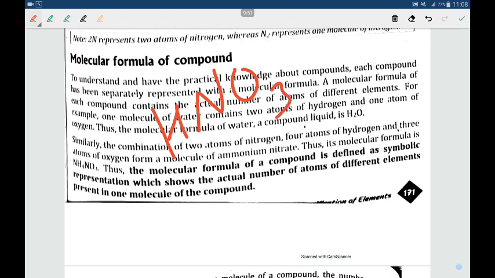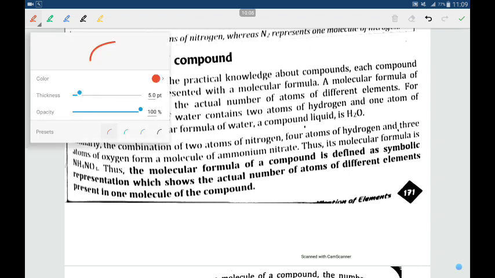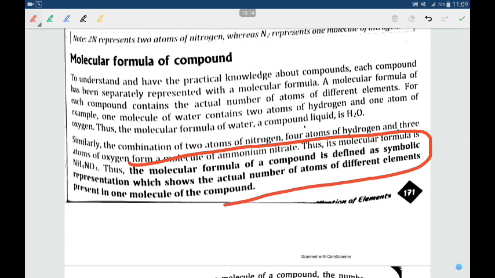Whatever I wrote, these are examples of compounds, and they represent 1 molecule of compound. So, students, let's discuss the definition of molecular formula of compound. What does it say? The symbolic representation which shows the actual number of atoms of different elements present in one molecule of compound.